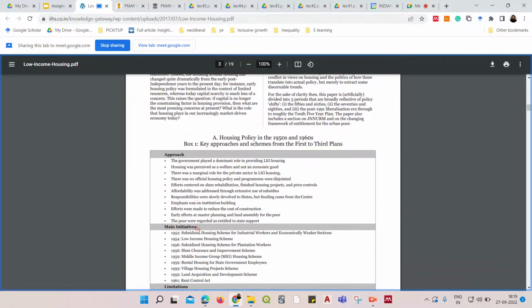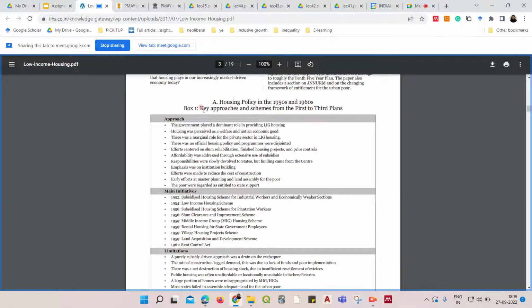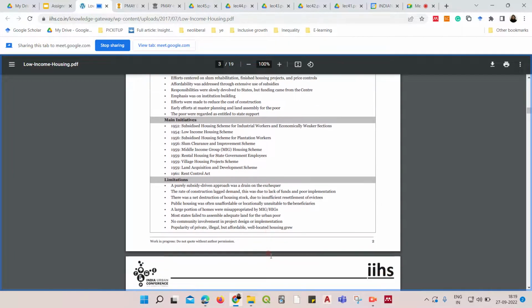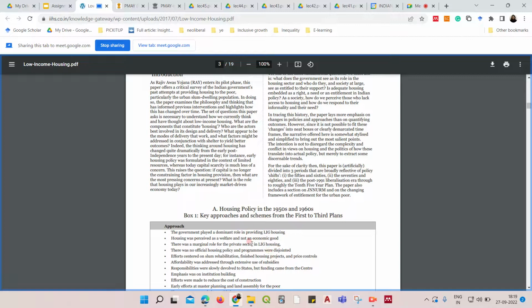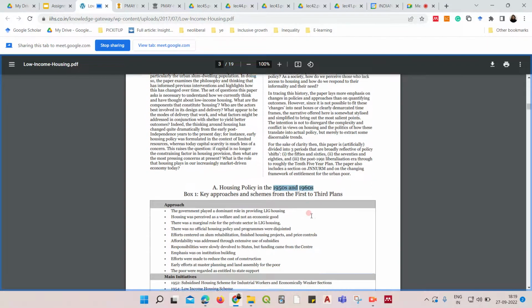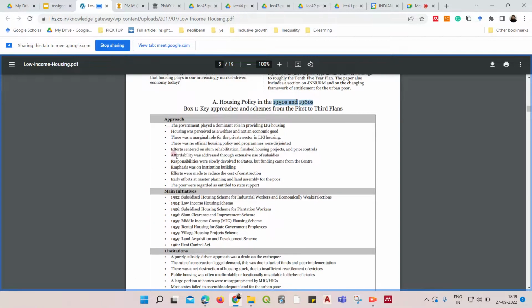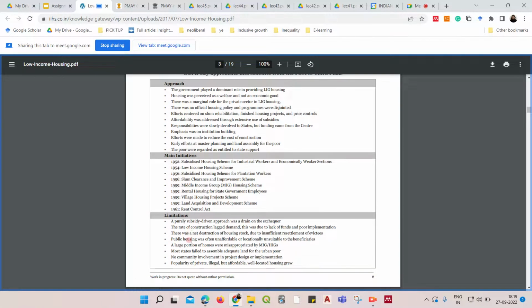What you will find useful in this paper is that they have these boxes which provide a gist of all the programs and policies which came throughout time, presented in a very meticulous and easily perceptible way. It is divided into three sections.